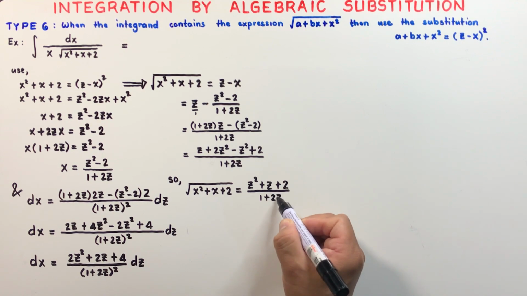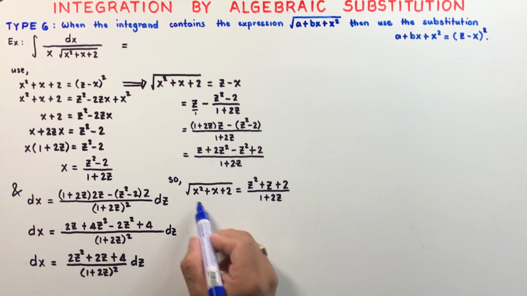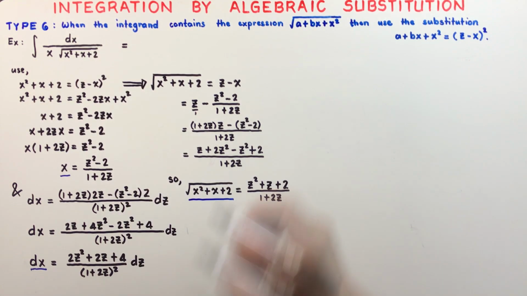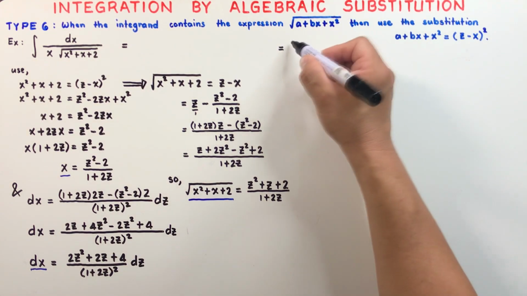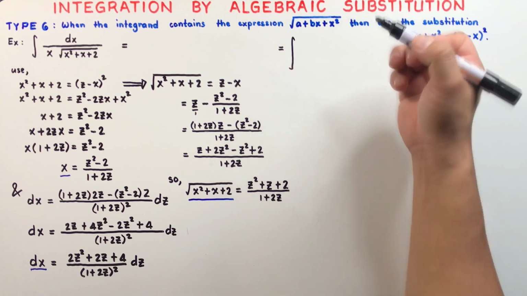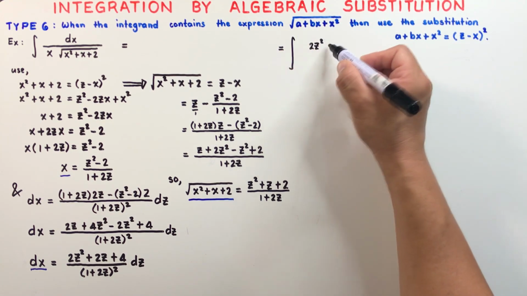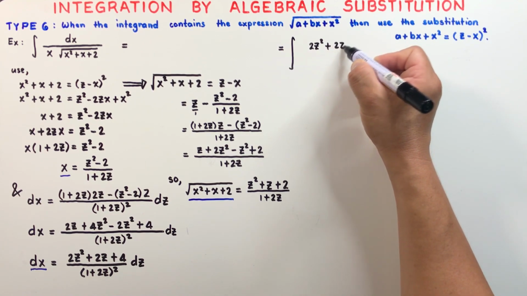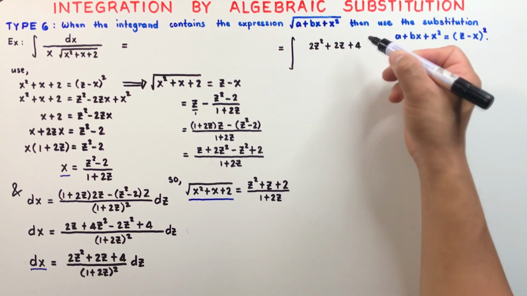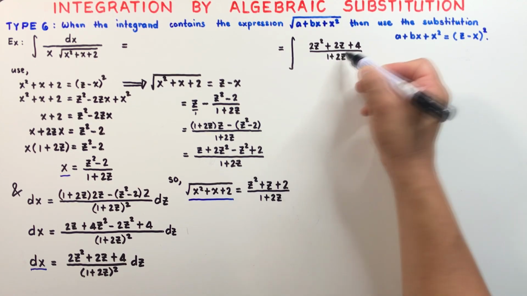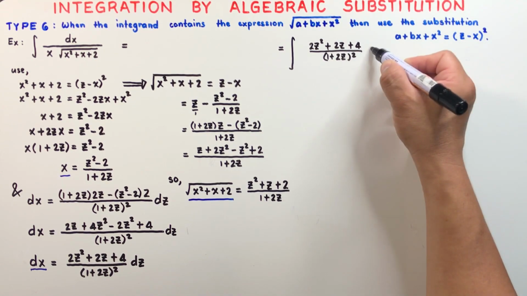1 plus 2z. Now, using this representation for this one and the representation for x and dx to our integrand, we have our integrand, which is the integral of our dx, which is 2z squared plus 2z plus 4 divided by 1 plus 2z quantity squared dz.